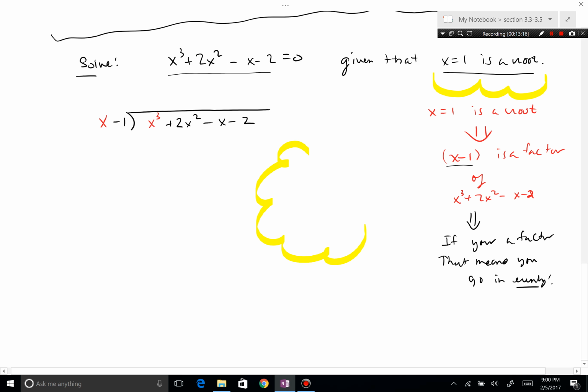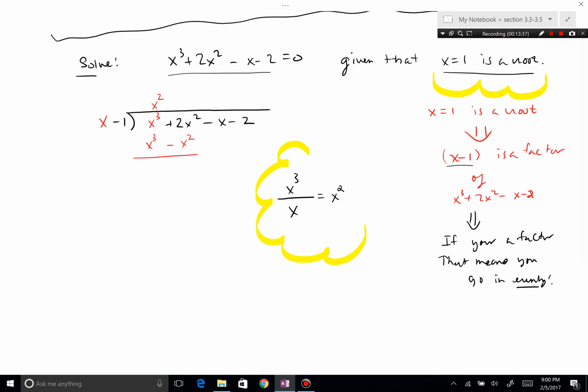So this thing is x, go into that thing. It goes in exactly x squared times. So that means x squared goes here. And then you're going to take this and multiply it through by the entire guy here. So that gives you x cubed minus x squared.